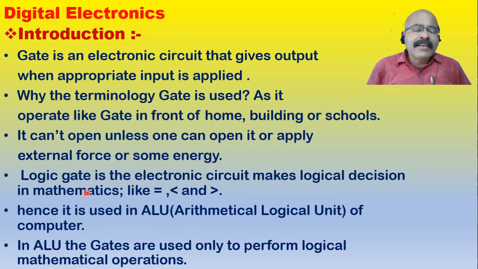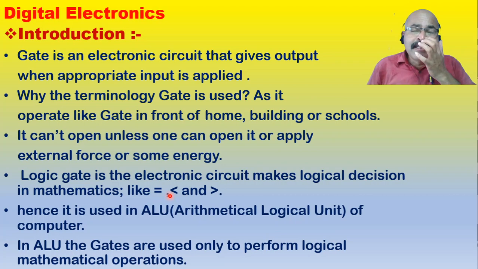In mathematics, at school level, we see some logical operations such as equal to: 2 is equal to 2, 3 is equal to 3, 1 kg of oil equals 1 kg of petrol, 1 liter of petrol. That is the operation equal to.